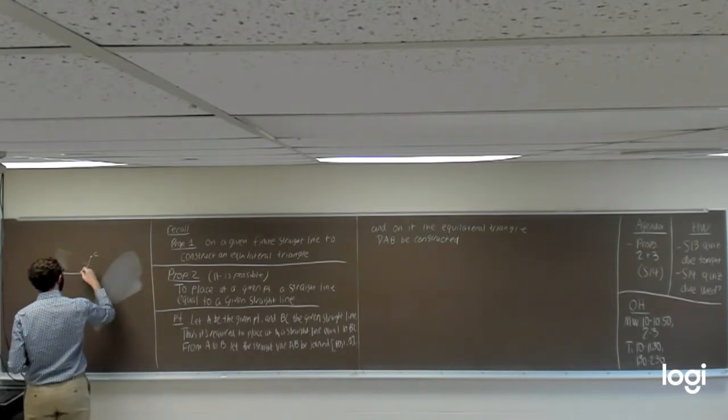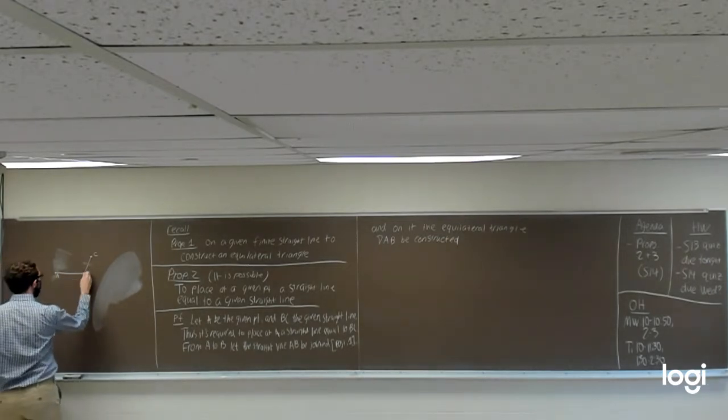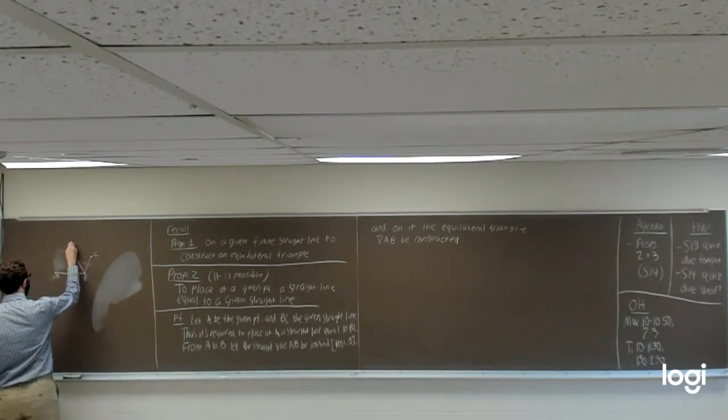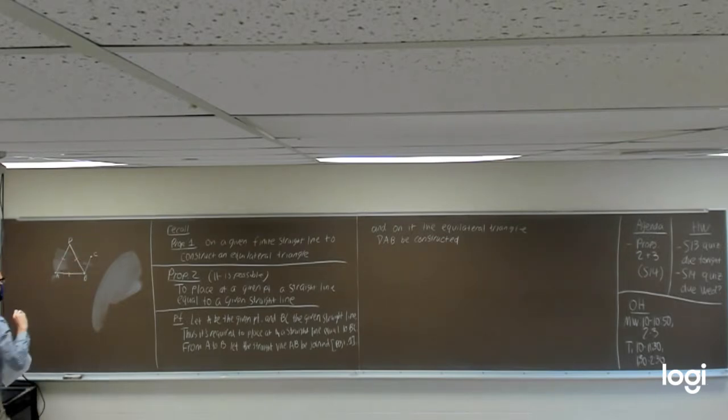In other words, take this line from A to B and make an equilateral triangle on this line. And we're going to call the third vertex we get from doing this D.